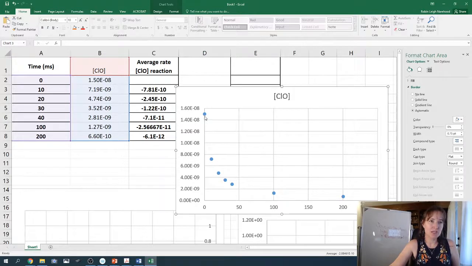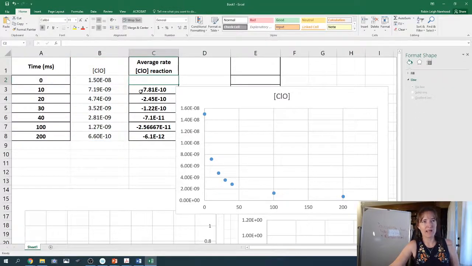So in between each of these, the average rate would be just the difference in two data points. So that's why this one's blank. You'll only have average rates starting at the second data point because it's the second data point minus the first one, and then the third minus the second, and then the fourth minus the third, etc., all the way down. So in this case, we had 7 data points. We have 6 averages.